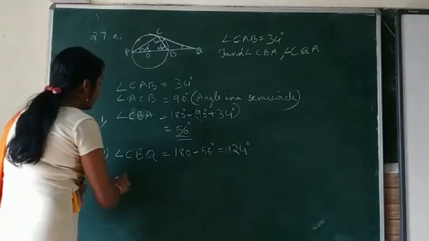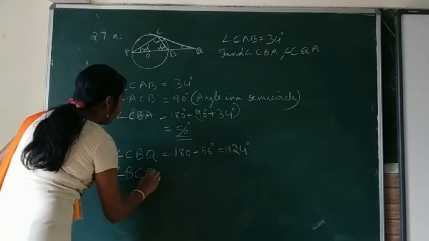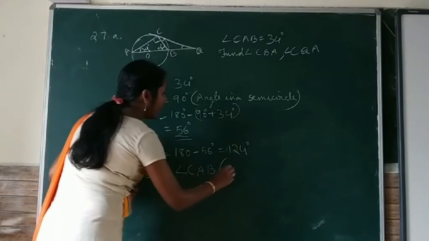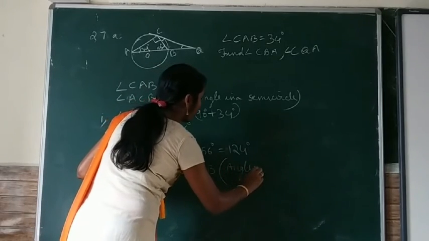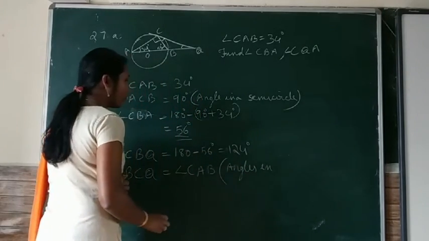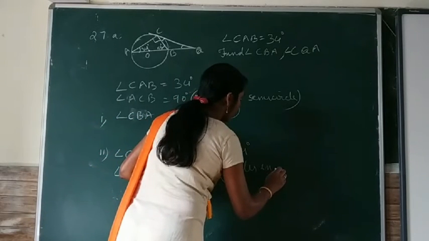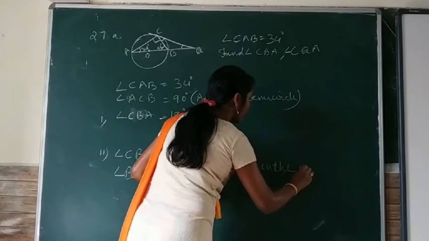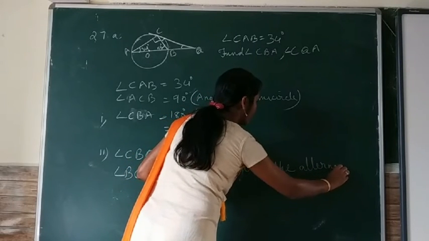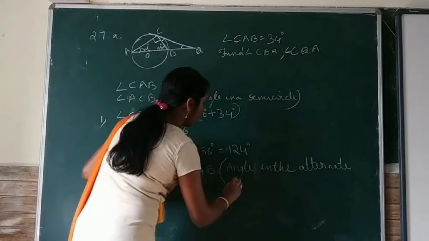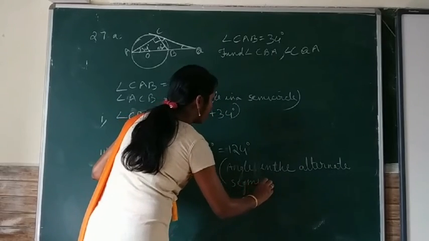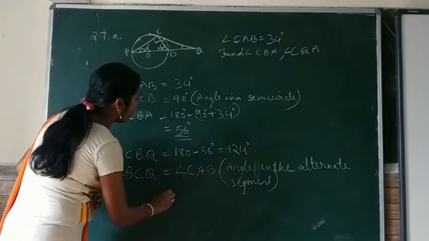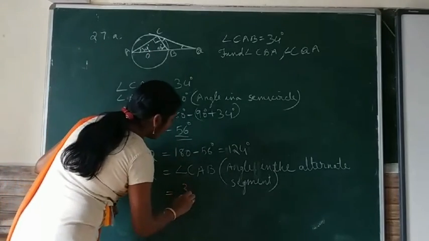We can write angle BCQ is equal to angle CAB, angles in the alternate segment. Therefore, angle BCQ is equal to CAB, that is 34 degrees.